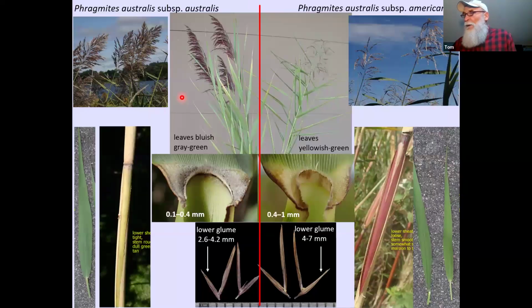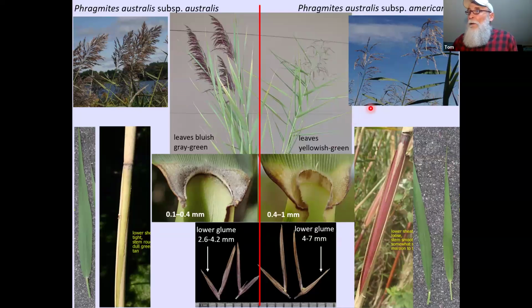All right, the next one is Phragmites. Phragmites australis is the scientific name for common reed, which is a species that's distributed all around the globe. In North America, we have two subspecies, unfortunately. We have the native subspecies, which is americanus, on the right here.